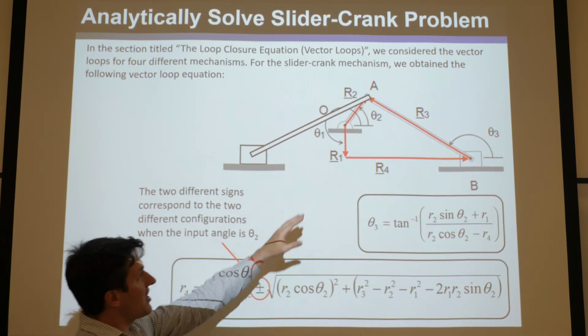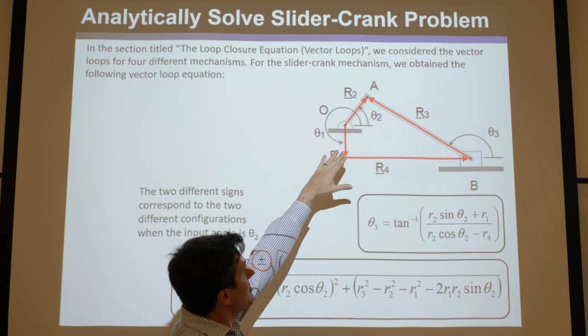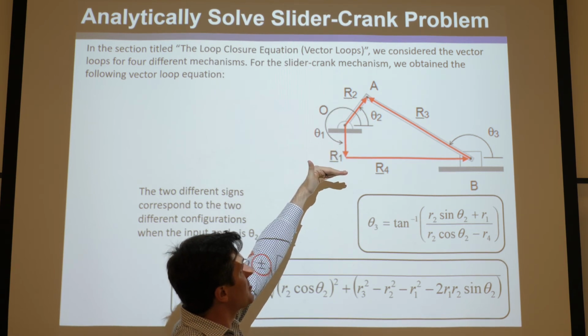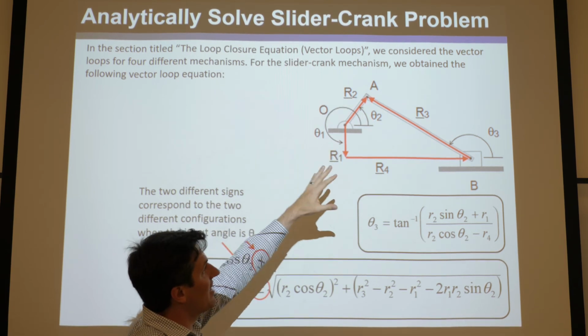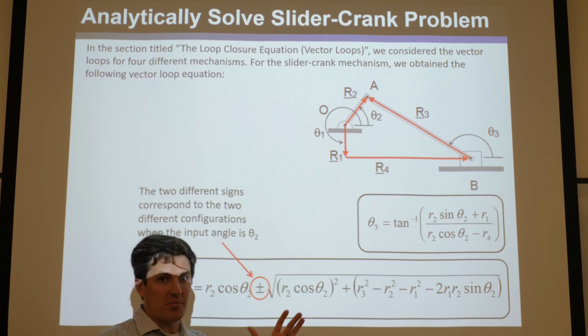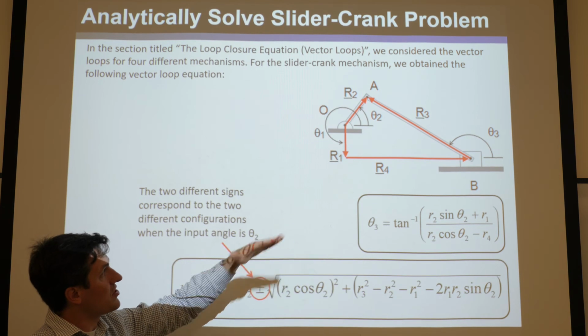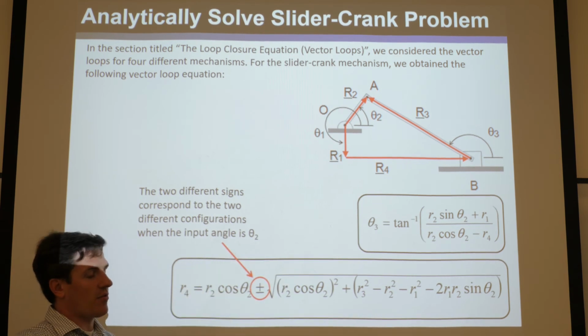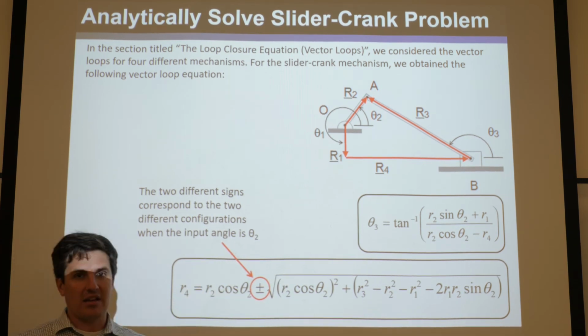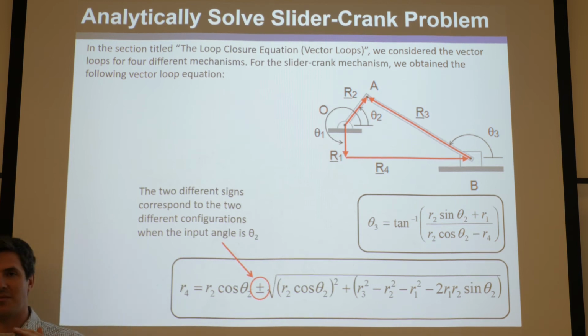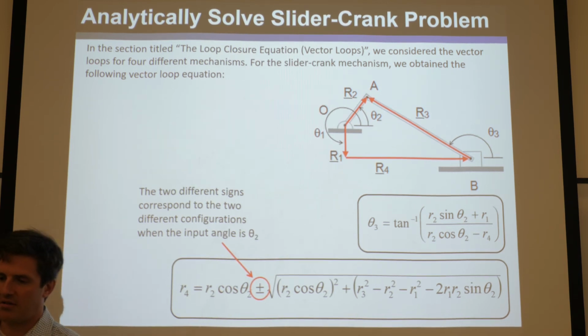If you're plotting, say it started in this configuration, theta 2 starting at 0 all the way to 2 pi, and you want to see how R4 changes, you want to make sure you're always using the solution that corresponds to the right configuration so you don't get any discontinuous jumps and suddenly the mechanism warps to some other spot, right?